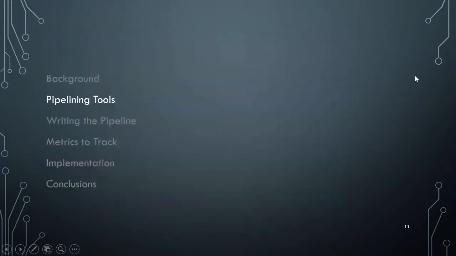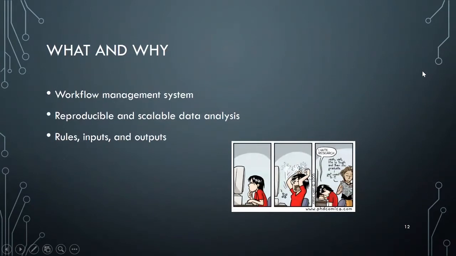And so when I was first tasked with writing this QC pipeline, there was the problem of looking at different pipelining tools, and there are many out there. Here's what they are and why we want to use them. They're workflow management systems, and they have to be written in a way that's reproducible and scalable for data analysis.